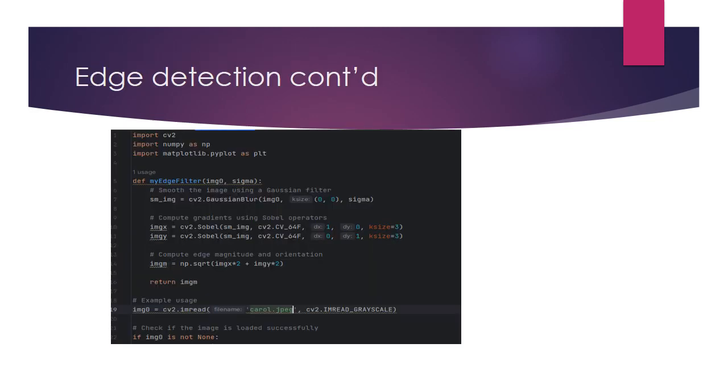So again, like I told you, I had to import CV2 as a package for image processing in Python, NumPy for representing images as arrays, then matplotlib for plotting. So the same stuff I applied in filtering the image.